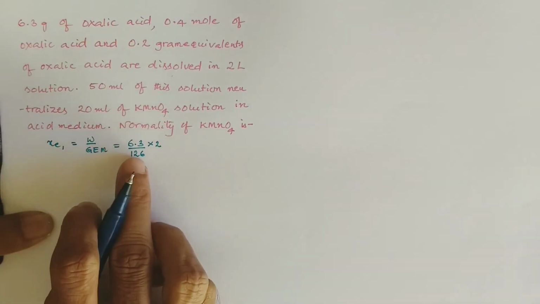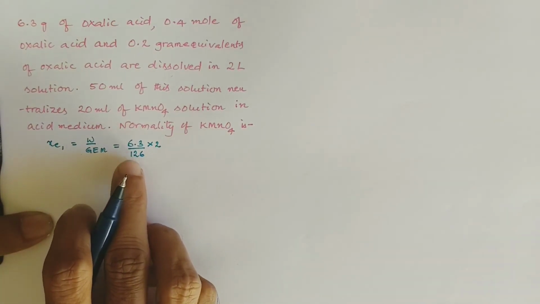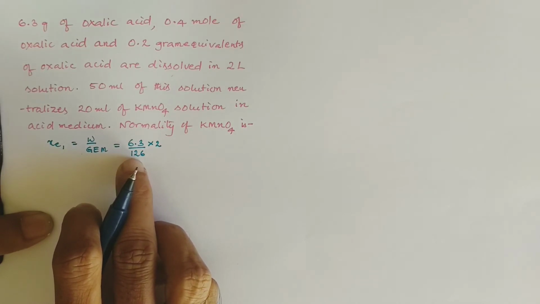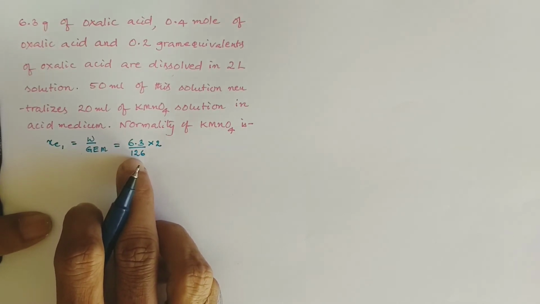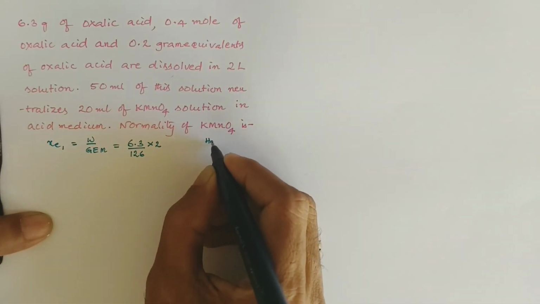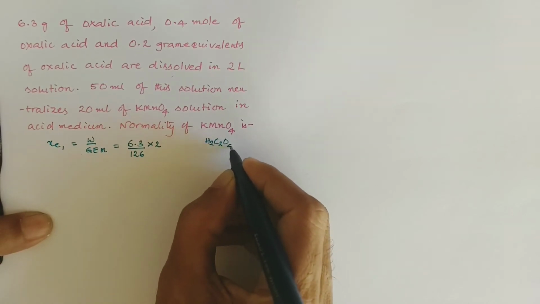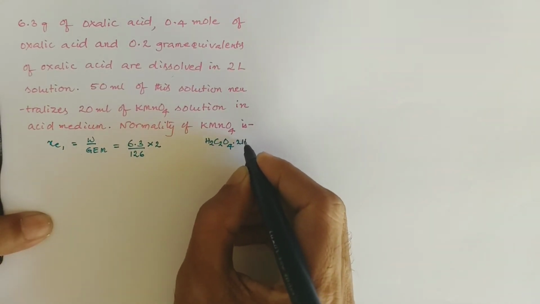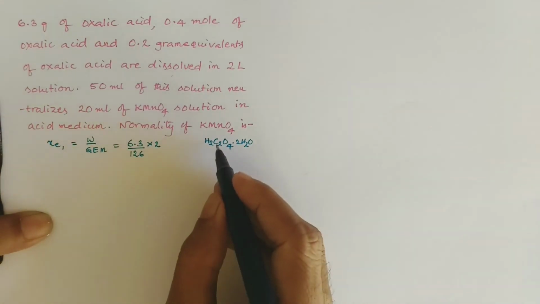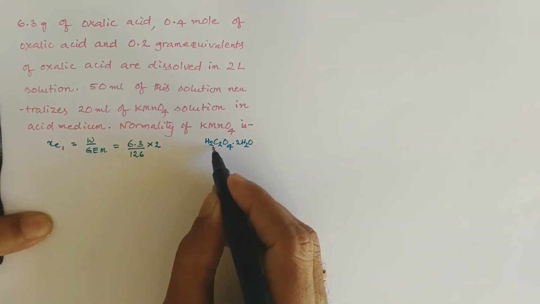Oxalic acid has a molar mass of 126, right? And basicity is 2, right? Because the formula of oxalic acid is H2C2O4·2H2O. This is hydrated oxalic acid, and basicity is 2 here, right?